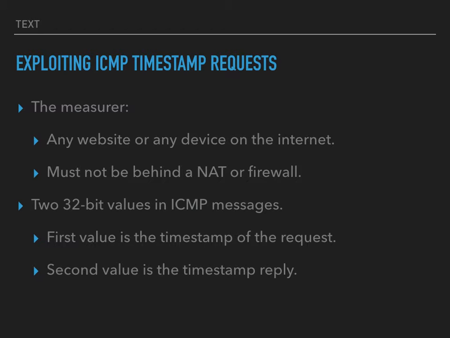However, the device must not be behind a NAT or the firewall, because the ICMP packets can be filtered out by the NAT rules or the firewall rules. That's why in this paper, the authors favor the TCP method more, because it can identify the device behind the firewall or the NAT.